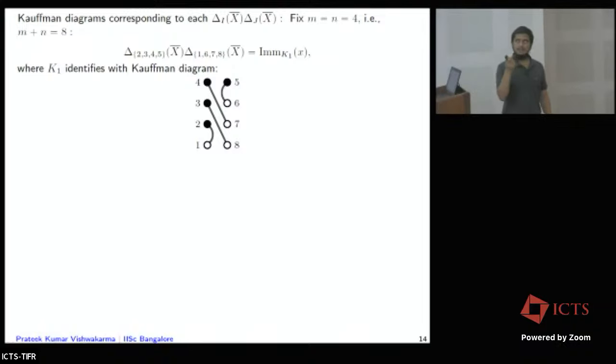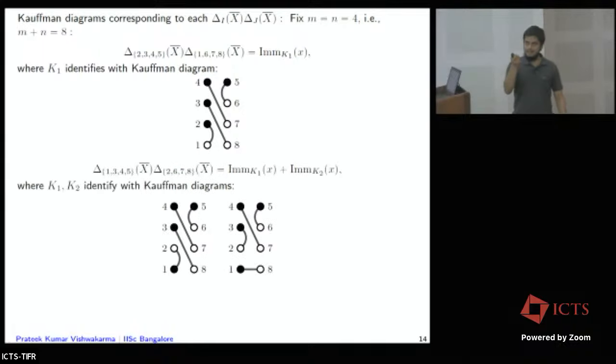Earlier I didn't mention that each of the basis elements in the T_n(2) algebra is identified with certain non-crossing partitions. So these are in fact those non-crossing partitions. Once we have these kinds of pictures, these correspond to certain basis elements and therefore to certain immanants. Let's call that immanant K1. This immanant K1 corresponds to this product, and there is only one way to draw these matchings because 2, 3, 4, 5 and 1, 6, 7, 8 are weakly separated.